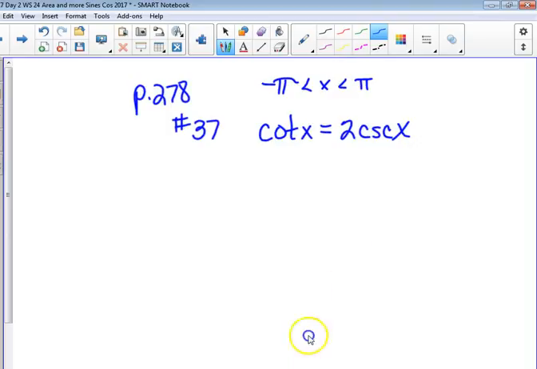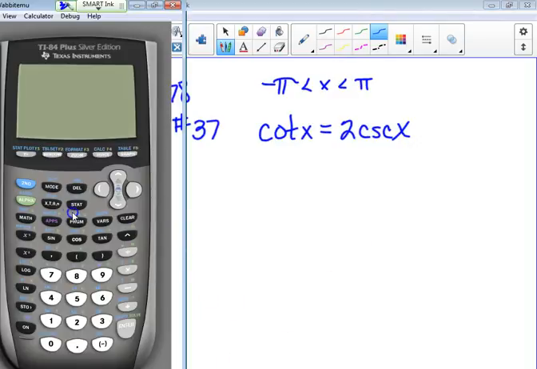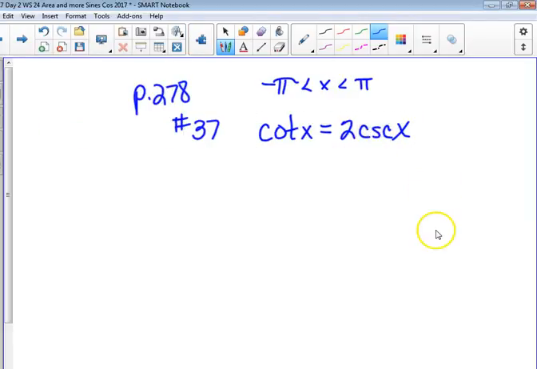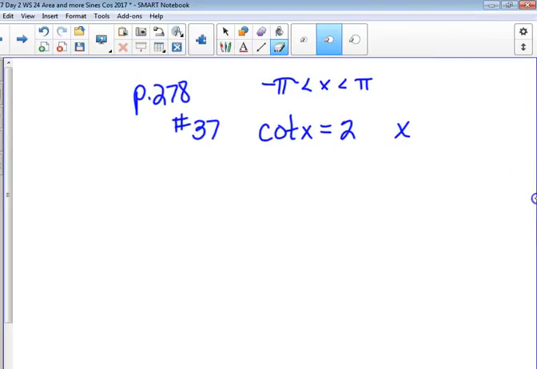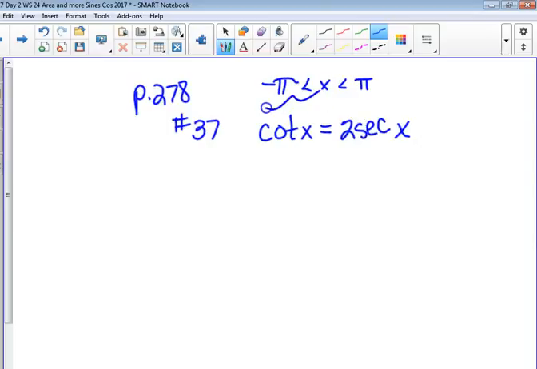So what you are supposed to do is go to your calculator. This is secant back here. Thank you. What you're supposed to do is just type it in your calculator and find all the intersection points in this window. That window right there.